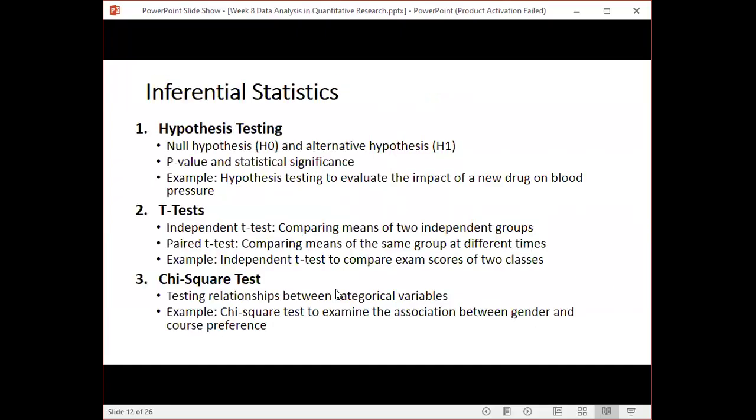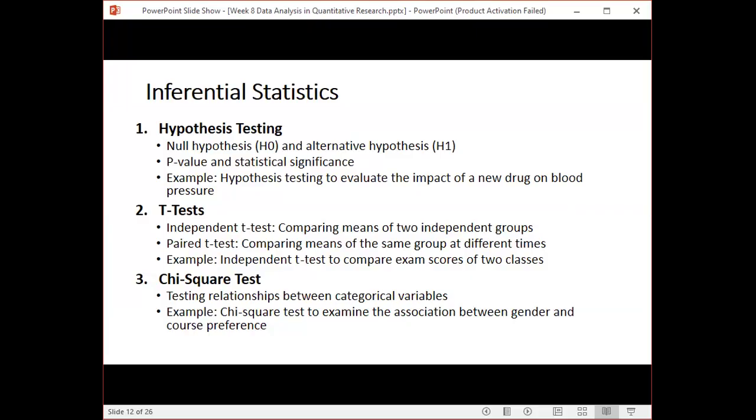Okay. Then we can do this same analysis in the form of what? Inferential statistics. So inferential statistics is that you're using a sample to generalize for the whole population. In that instance, we can do it through hypothesis testing. So I make a statement I call the null hypothesis, and the opposite is the alternative hypothesis.